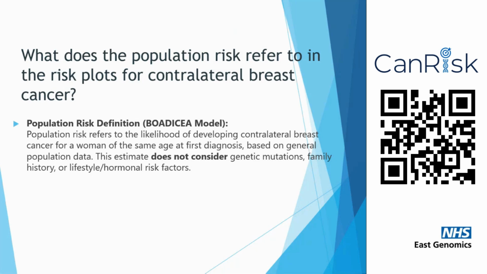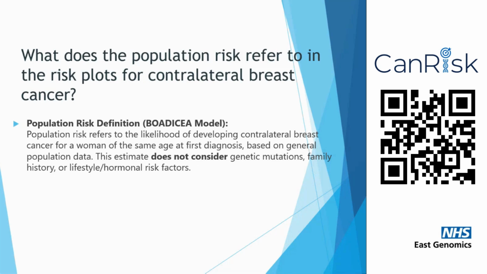When you're looking at those graphs that we showed, if someone's had breast cancer, it also shows a population risk line for the risk of a contralateral breast cancer, or a breast cancer in the second breast.